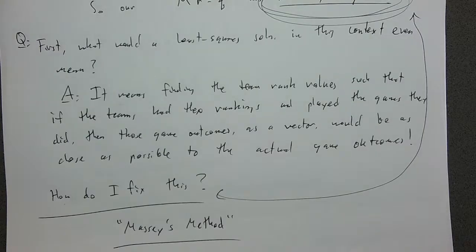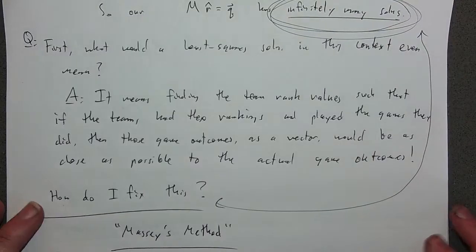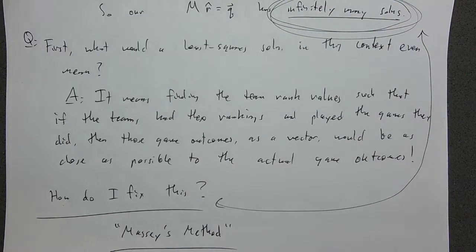The way of correcting it is essentially deleting one of the rows, which we know can be reconstructed from the other rows anyway, and replacing it with a row that corresponds to, we'll say, a reasonable assumption on these rankings.